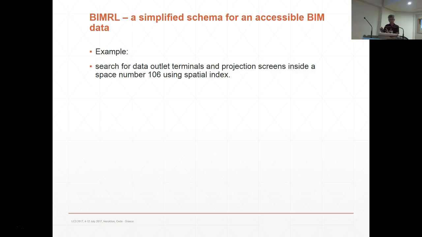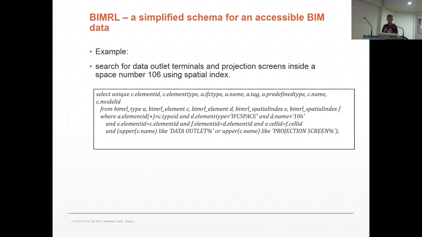So what we try to do with that is come up with something like this. Let's say I want to search for specific outlet terminals or end projection screens inside a space numbered 106, for example. Why do we need a spatial index? Because models sometimes come from different sources.